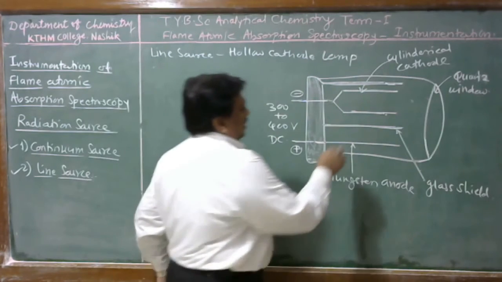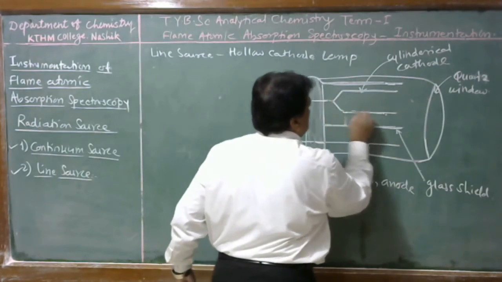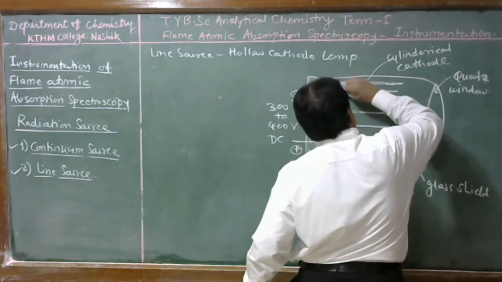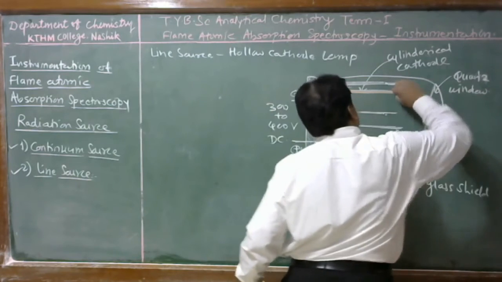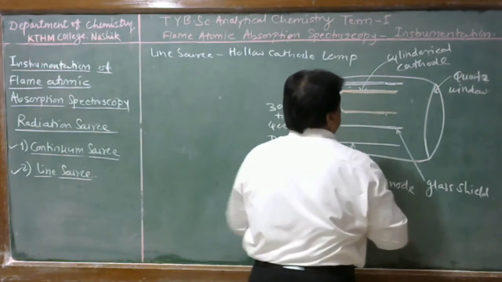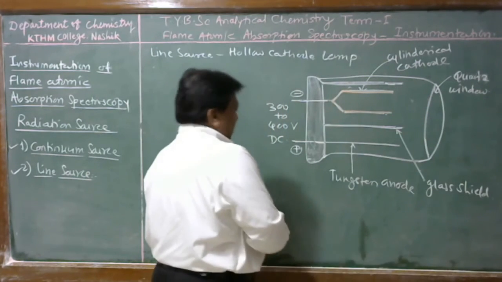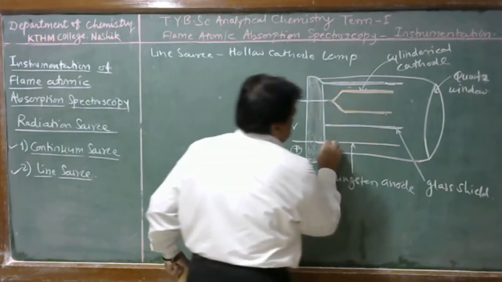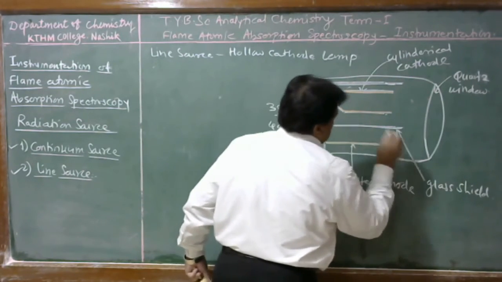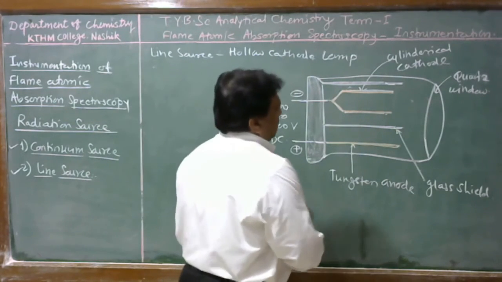Here this is a cathode made up of analyte element, and this is an anode which is made up of tungsten metal.